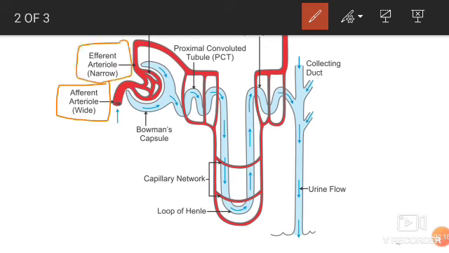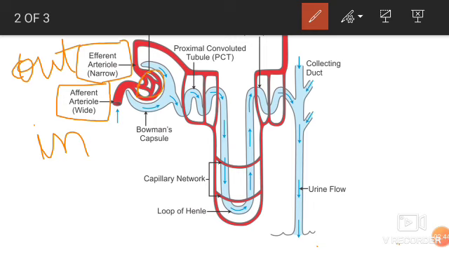Telling about the afferent and efferent: afferent means in, whereas efferent means out, which means the afferent arteriole will take the blood towards the glomerulus, towards the Bowman's capsule, and the efferent will move the blood out of the glomerulus.